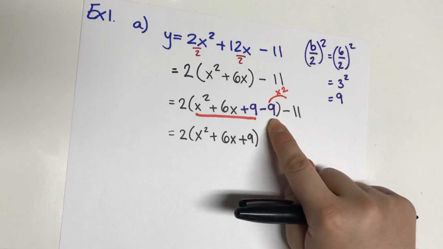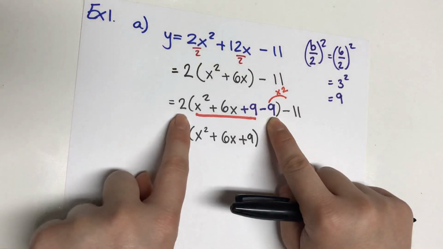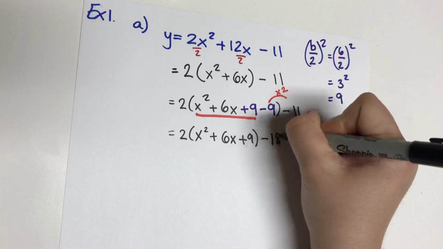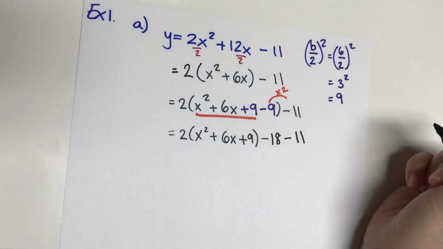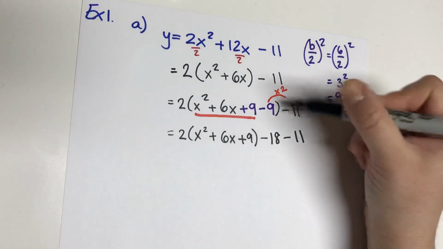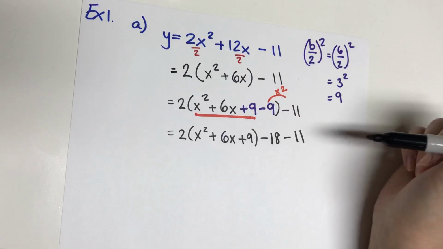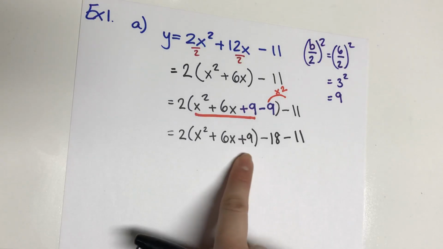This number I'm taking out of the brackets, and before I do that, I multiply by the 2 because of the distributive property. So 2 times negative 9 is negative 18 minus 11. Okay, so from this step to here, I've just gotten this out of the brackets and times it by 2 before I did that. So here I have my perfect square trinomial.